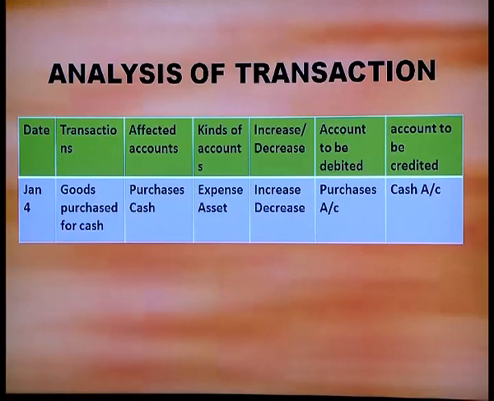So purchases account is debited. Cash is going from the business, so it is decreasing. Cash is an asset account. Rule for asset account, when an asset decreases, it will be credited. Therefore, the entry will be in this form: purchases account debit to cash.